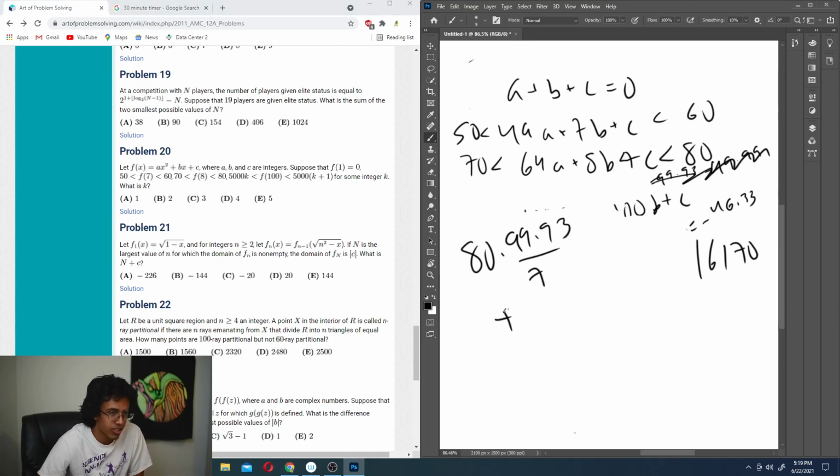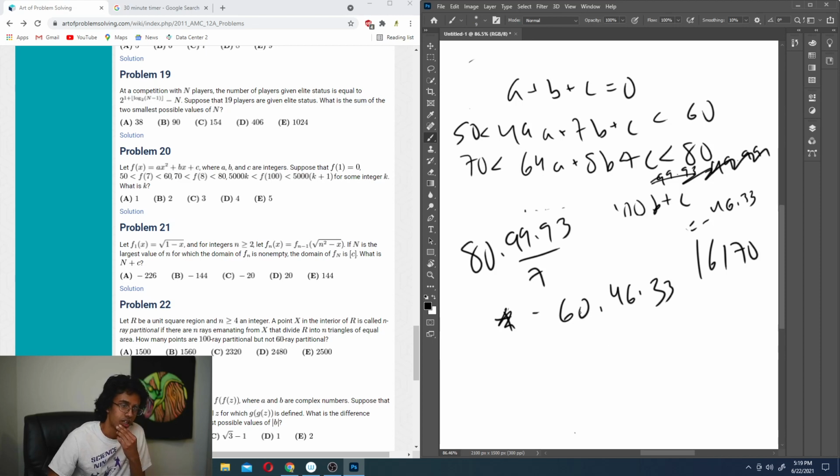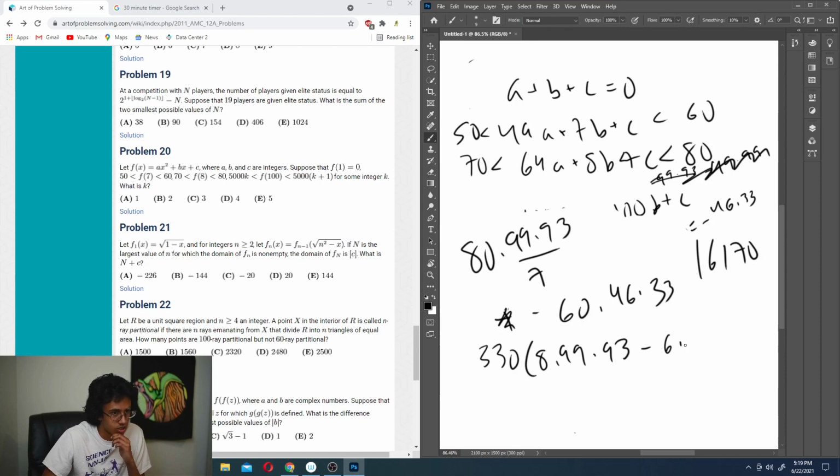Okay, minus 60 times 46 times 33. And then we factor out a 10 and a 33, we got 330 times 8 times 99 times 93 minus 6 times what? Oh, huh. It flips the inequality around if you multiply it by a negative number.